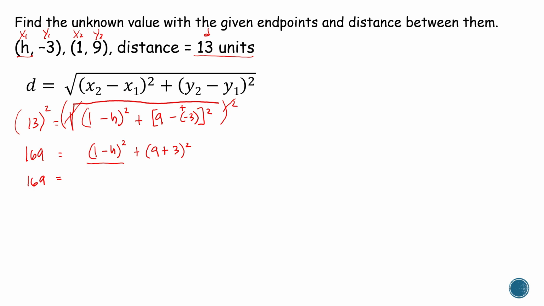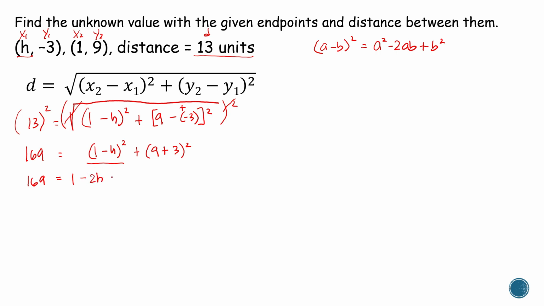The meaning of that is 1 minus h times 1 minus h. But there's a formula for that. I will show you the formula here. That's in the form of (a minus b) squared, and that is equal to a squared minus 2ab plus b squared. Our a here is 1, so 1 squared is 1. So minus 2 times a times b. So 2 times 1 is 2 times h. This is equal to 2h.